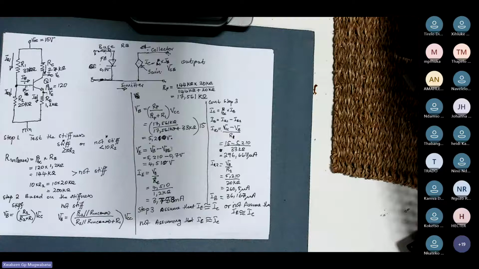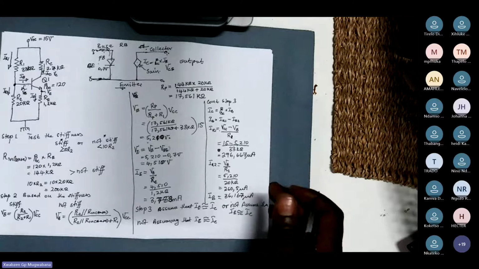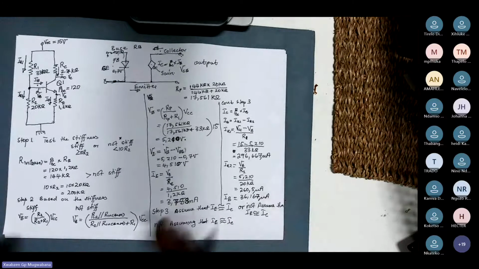Can you reconnect with reality? I've put everything that I've discussed with you here. Can you see what I put here? Which formula is stiff and which formula is not stiff?